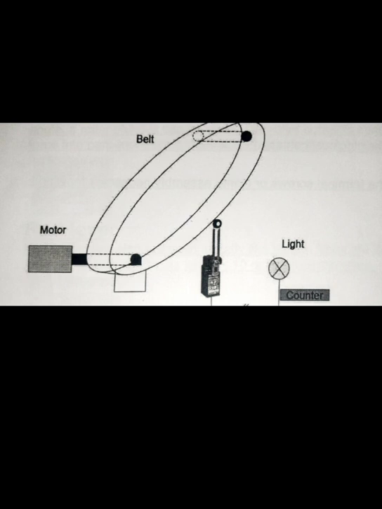As the object makes contact with the actuator of the switch, it eventually moves the actuator to its limit where the contact changes state. Through this mechanical action, the electrical contact is opened or closed.